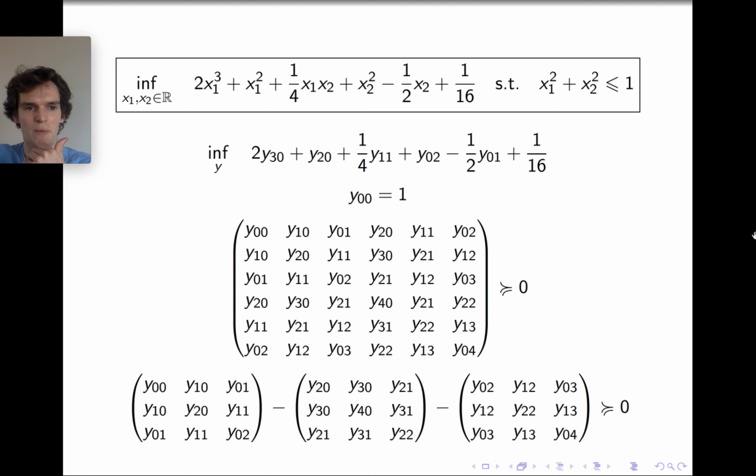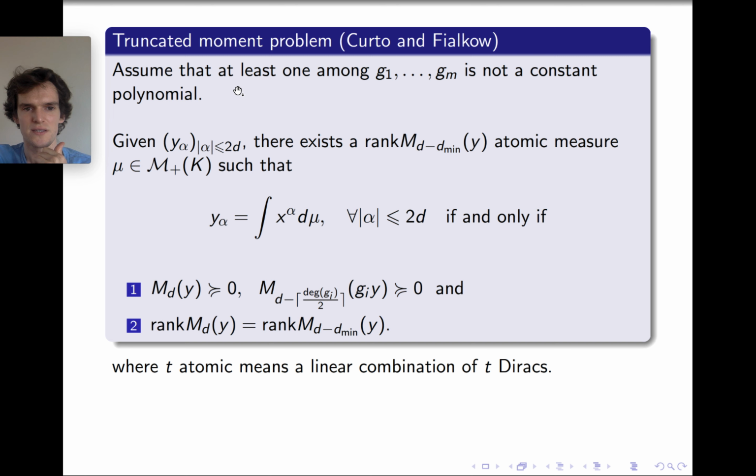So if we go back to this theorem here, we did this for a purpose. Let's check. This condition 1 tells us that this should be positive semi-definite, and it is. We just checked.